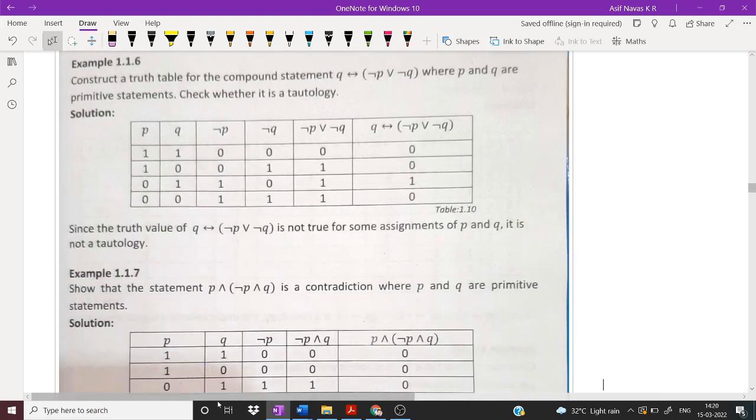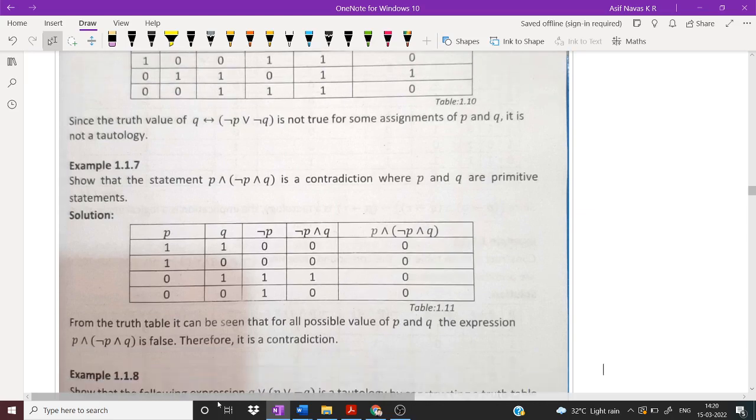Next is contradiction. Show that the statement P conjunction negation P conjunction Q is a contradiction, where P and Q are primitive statements. If both P and Q are 1, negation P is 0, so negation P conjunction Q is 0, and the whole statement is 0.